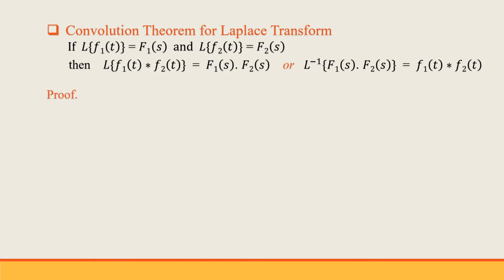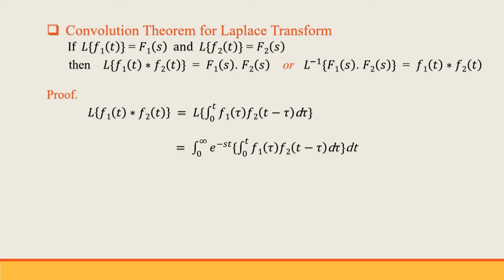So, by the definition of convolution, we can write the Laplace transform of the convolution of f1(t) and f2(t) is equal to the Laplace transform of integral 0 to t f1(tau) into f2(t minus tau) d tau, which we can also write as integral 0 to infinity e raised to the power minus st into integral 0 to t f1(tau) into f2(t minus tau) d tau into dt, by the definition of Laplace transform.